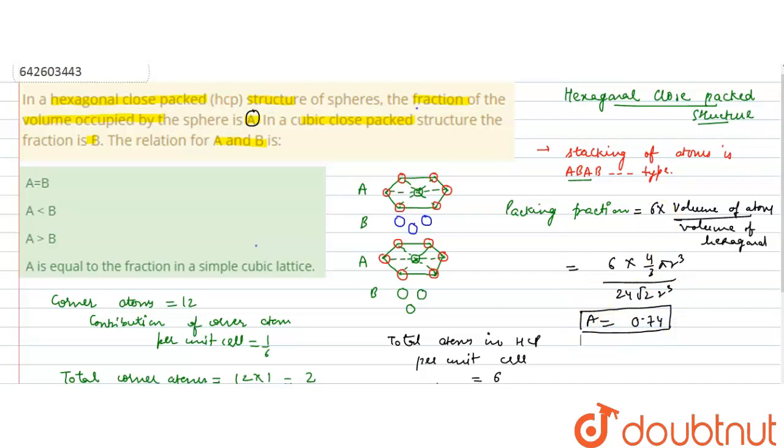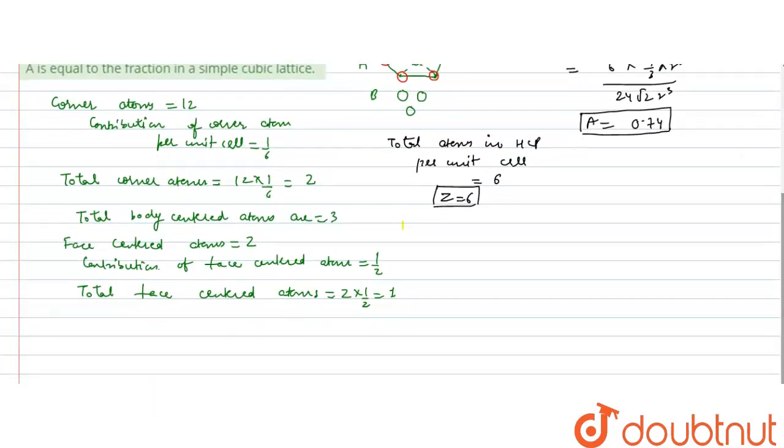Now we have to calculate it for the face centered cubic, that is for FCC. So for face centered cubic close packing structure, it is like this.